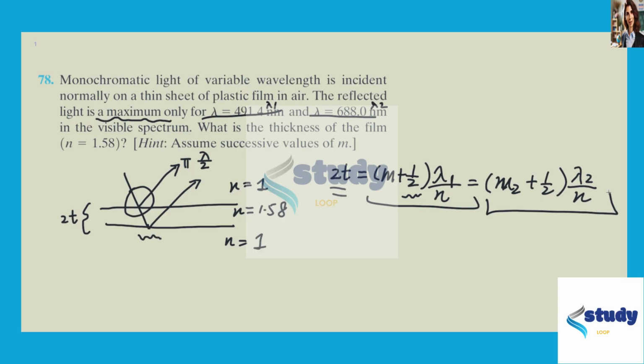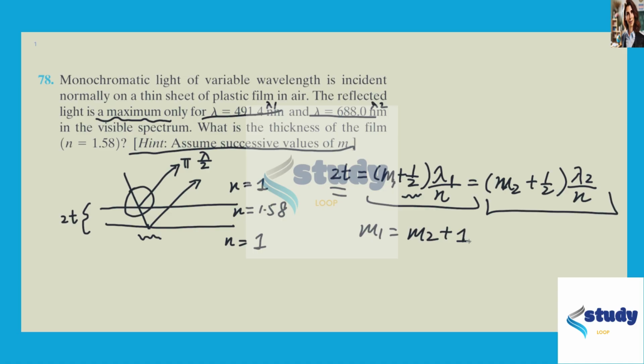And we have both m1 and m2. But we get this hint that says assume successive values of m. So if we look at this, lambda 1 is smaller than lambda 2, so I would expect m1 to be a little bit larger than m2. So let's say m1 equals m2 plus 1, because we have to assume successive values of m.